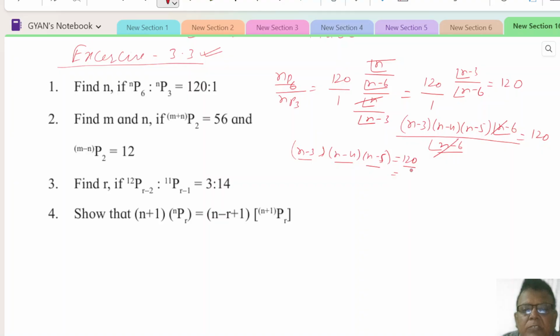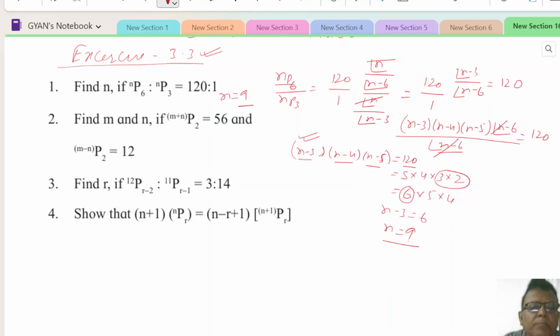So first you factorize this. So this one is 5 into 4 into 3 into 2. So 5, 4 is consecutive and we want only three consecutive numbers. So 3 to multiply, then it will be 6 into 5 into 4. So which one is bigger? This n minus 3 is bigger. So n minus 3 will be 6. So n minus 3 is equal to 6, so n is equal to 9. So the answer is n is equal to 9.